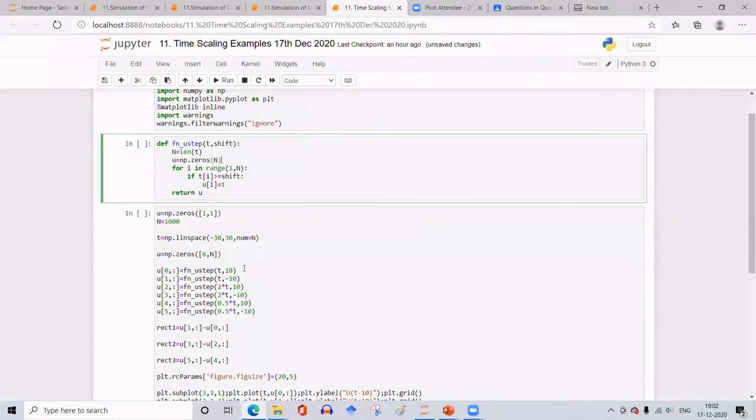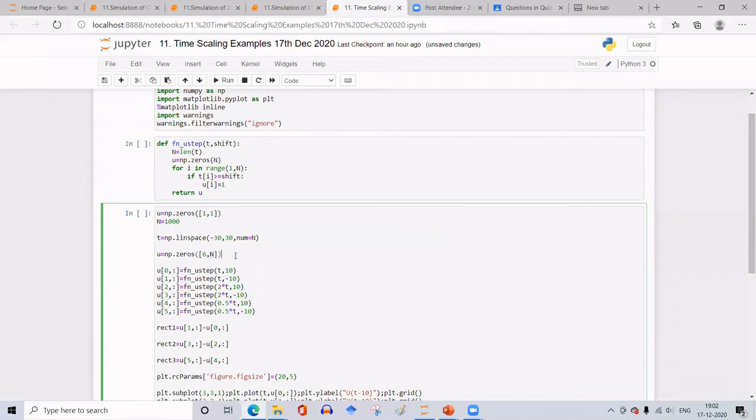So now this is an array, this is a matrix now of 6 rows and n number of columns.